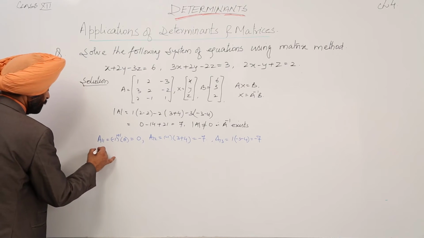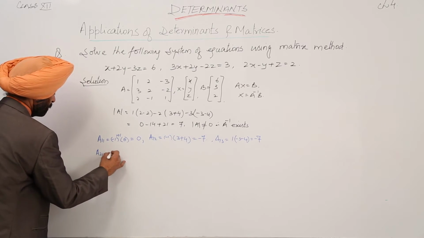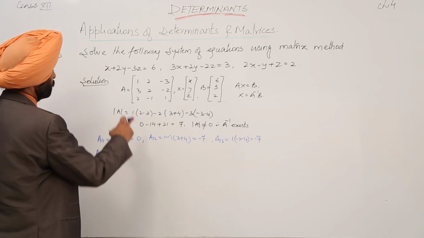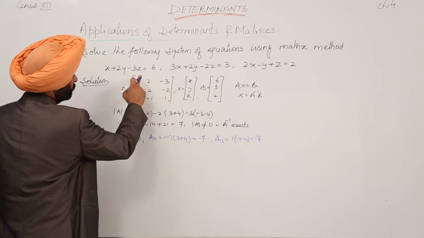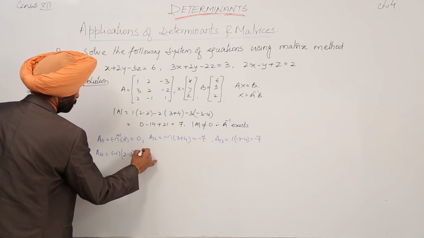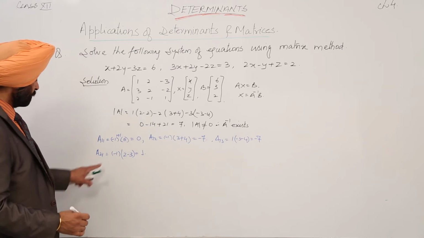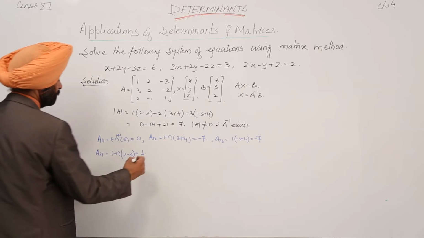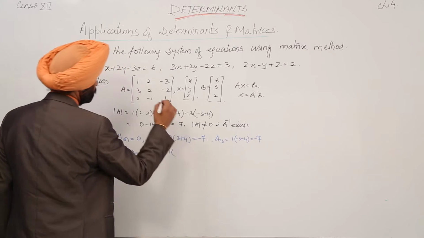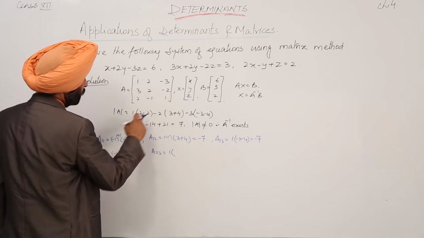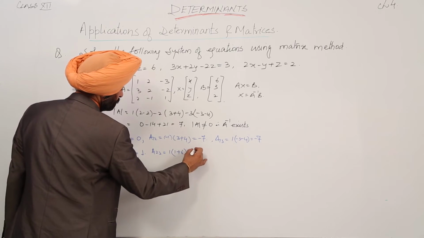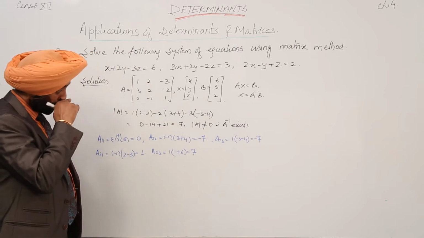Okay. Now A21 is equal to minus 1 with, now A21, this and this, is 2 minus 3, is equal to minus 1, so minus 1 with minus 1 is 1. Now A22 we are having 1 with 1 plus 6, is equal to 7.